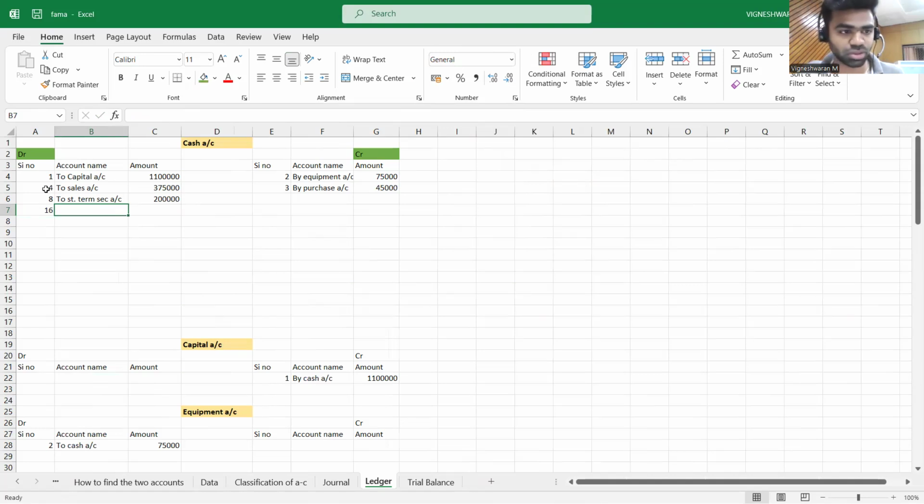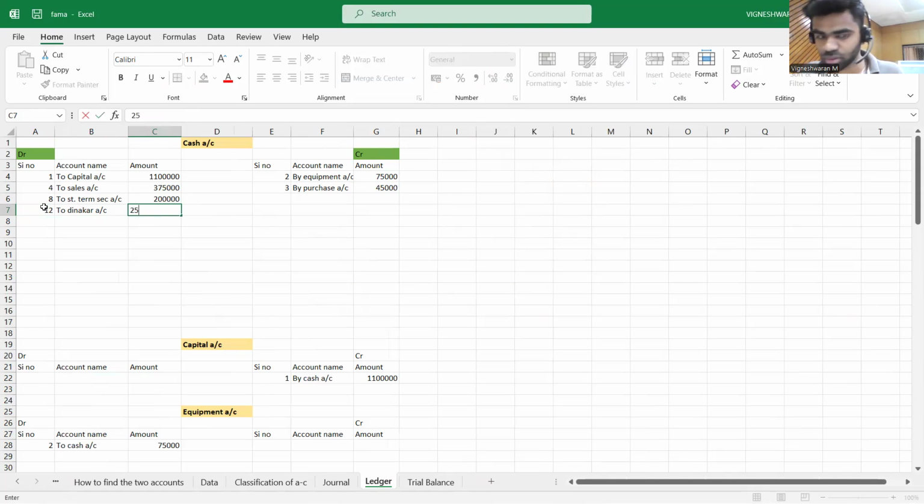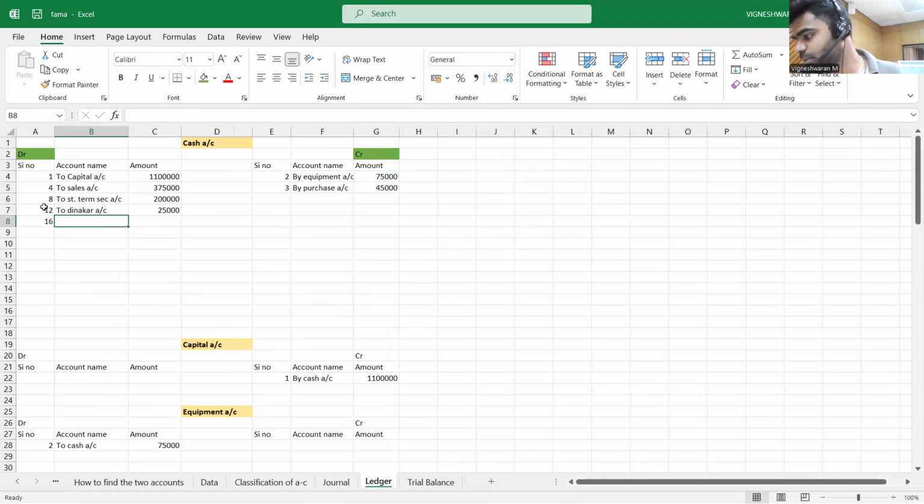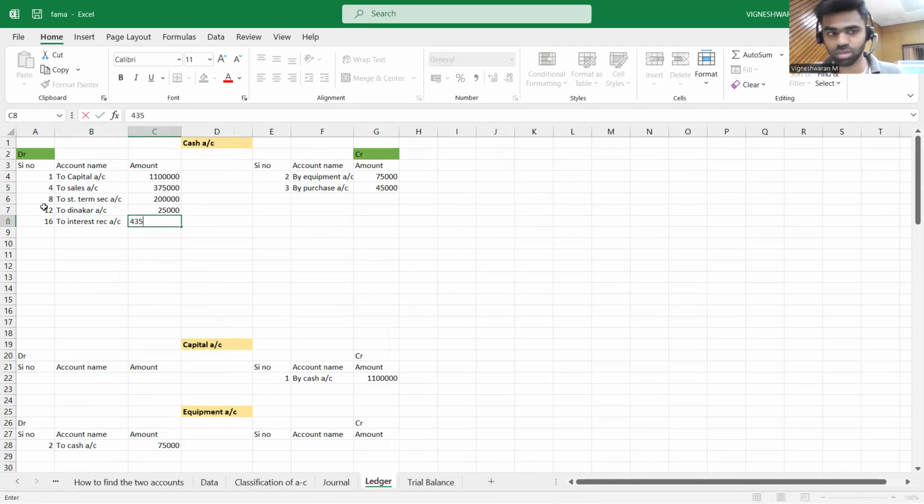I have the 12th one, to Dinakar, so it will be 25,000. In the 16th one, to interest received, the value will be 4,355.